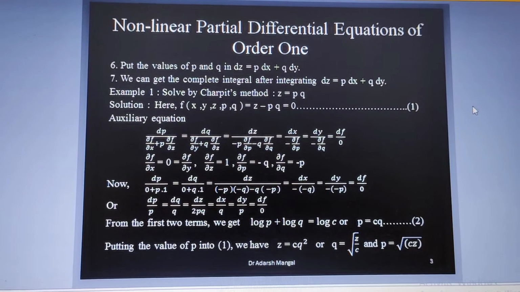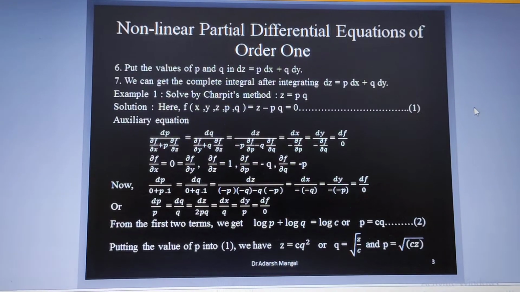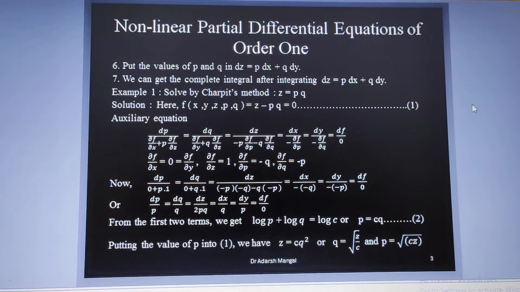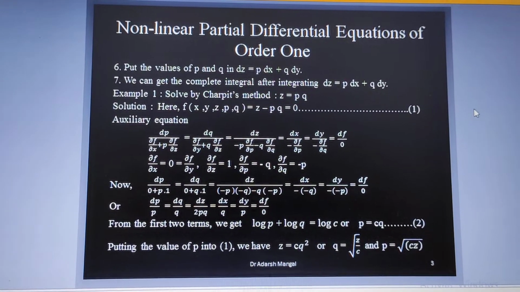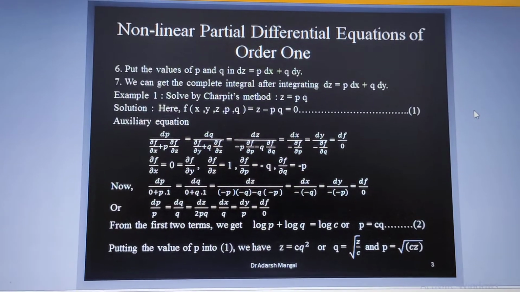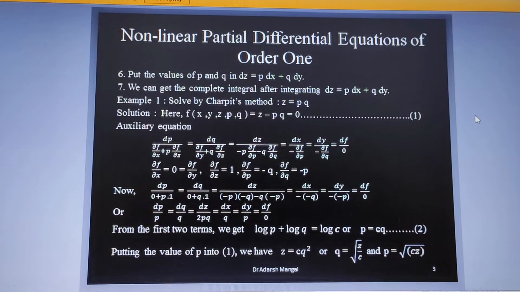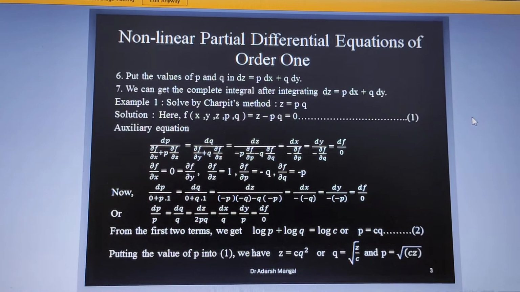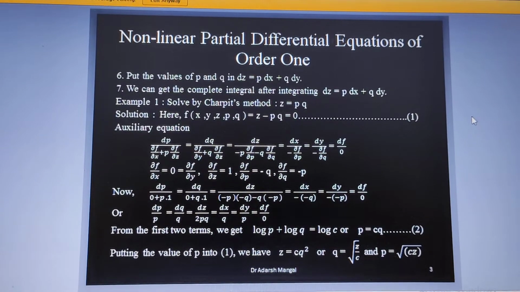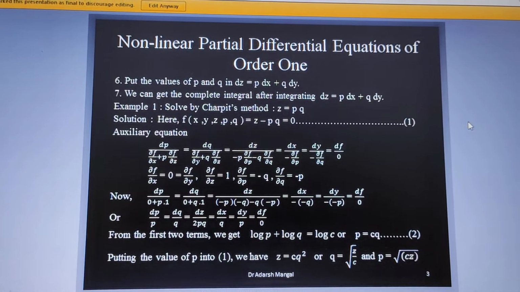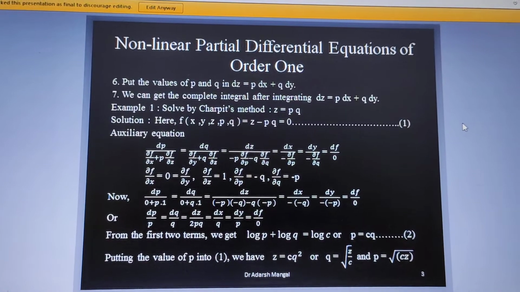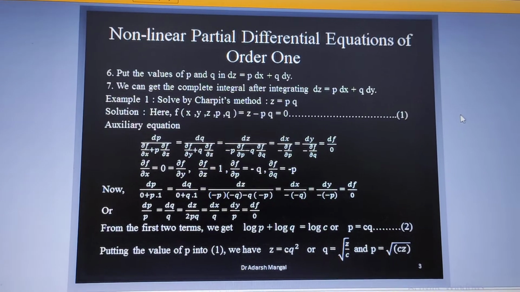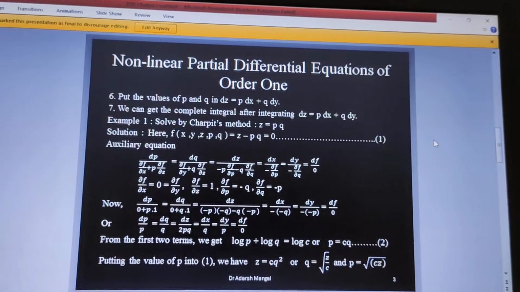It must be log p is equal to log q plus log c, so that p is equal to cq. Now putting the value of p into 1, p is equal to cq, we have z equal to pq, means cq into q, cq square, or we can get q is equal to root z upon c. By putting the value of q into 1, we have p is equal to root cz.